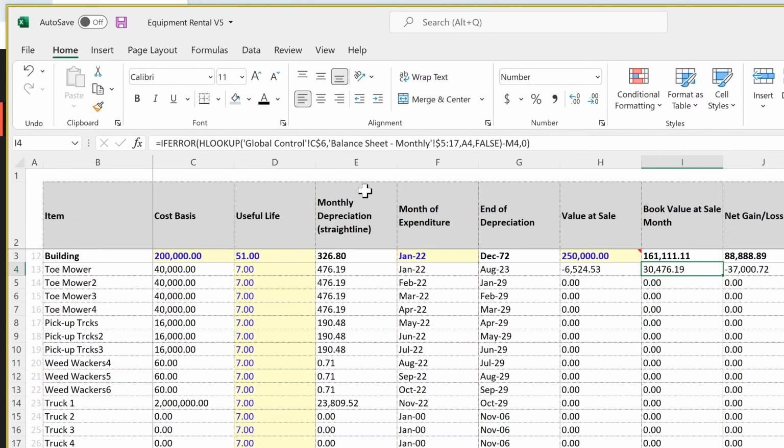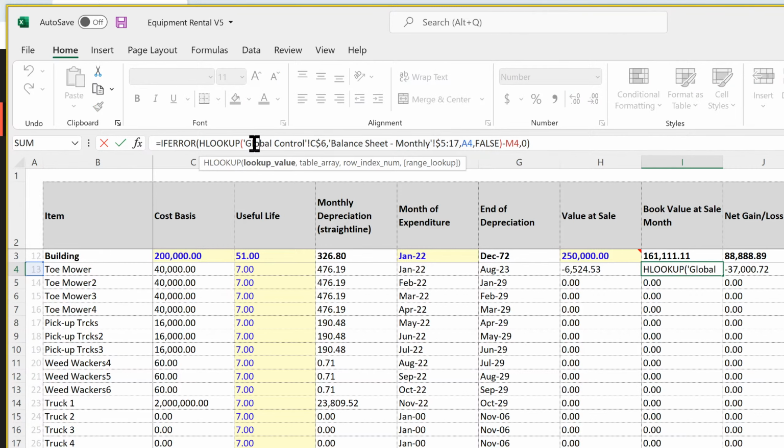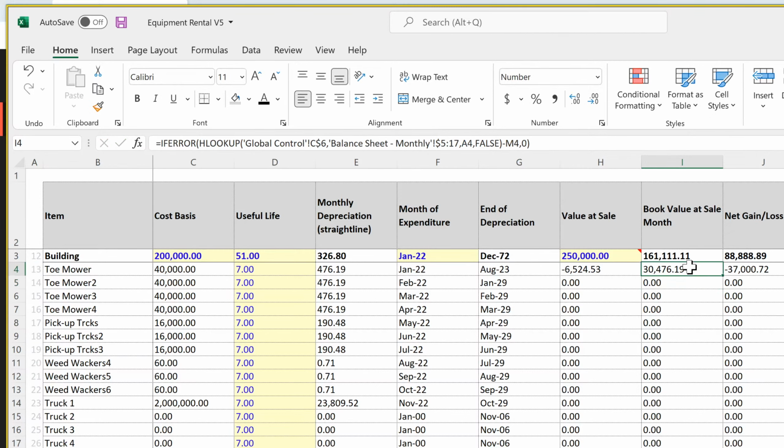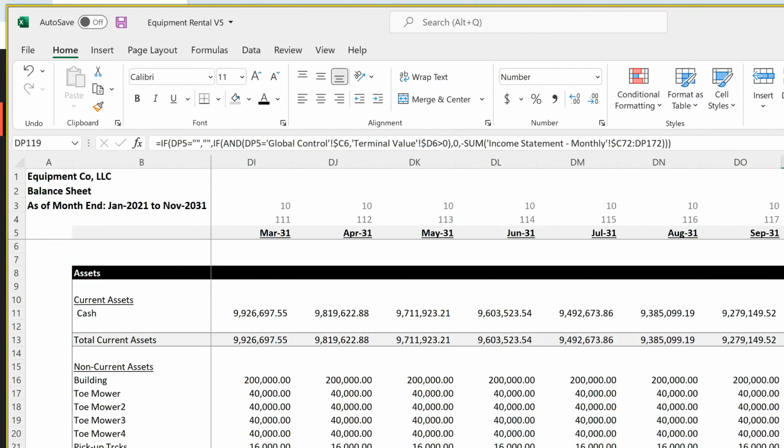We just go minus M4. We're going to put an index formula in here instead. Actually, I guess it doesn't matter either way. So 5 to 17, comma A 413. So that's right, but balance sheet 5 to 17.